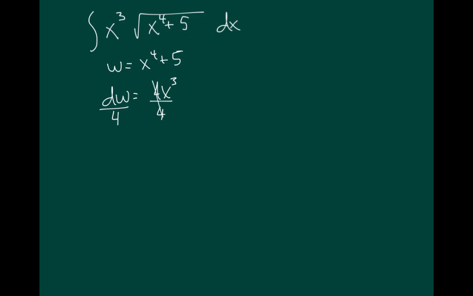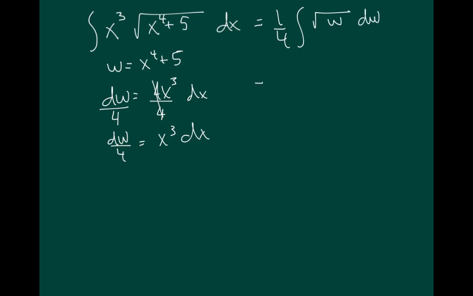They cancel out on the right side, and I'm left with dw over 4 equals x cubed dx. Sorry, I should have been writing that dx all along. So I can now rewrite my integral with a 1/4 in the front, and now I've got the integral of the square root of w dw. Of course, I have an easier time integrating that if that's w to the 1/2.